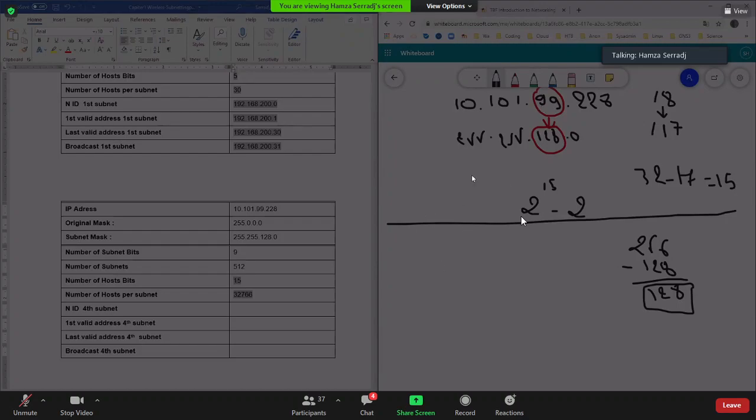Okay, but what about these bits here? Did I borrow them or not? Are those bits original on my network or original on my host? The bits on the second position here.